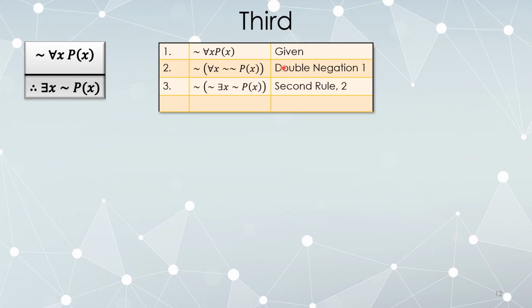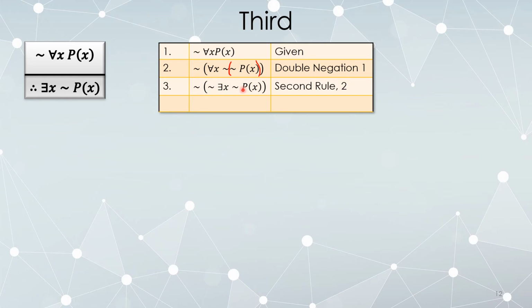The second rule, however, inside this parenthesis said, if you have a universally quantified negation, and the statement that we are now saying we're negating is not P of x, if you have a universally quantified negation, that implies a negated existential of the same statement.